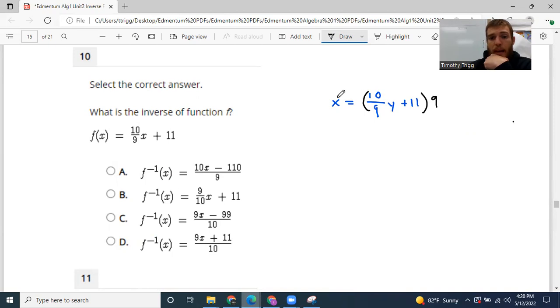I can multiply by 9 first, and that's fine. That way it cancels my fraction right away. So I get 9x over here equals, and this will be 10y, canceling the 9 with that 9. But this 9 also multiplies this 11 here, so plus 99.